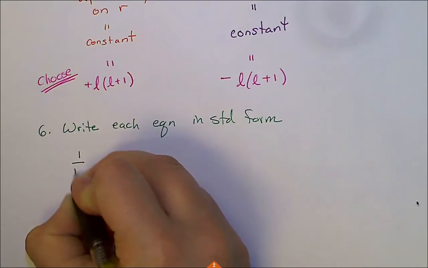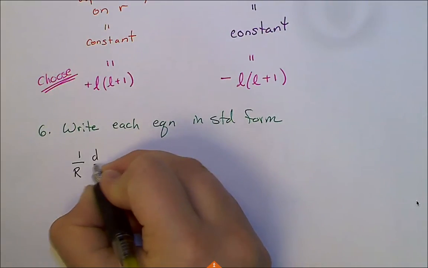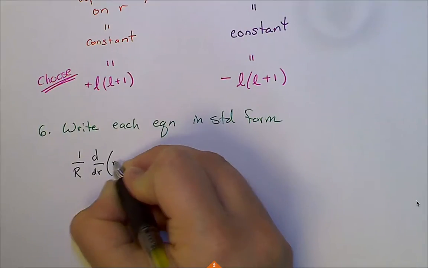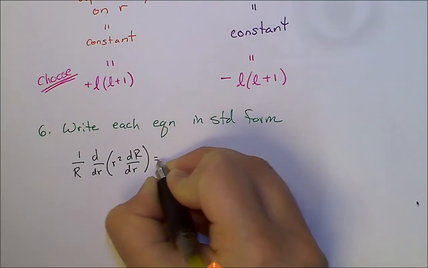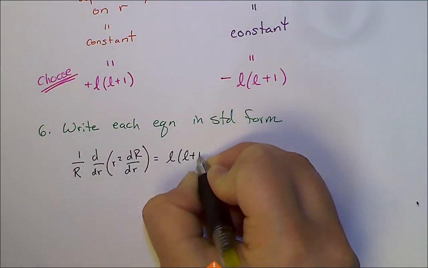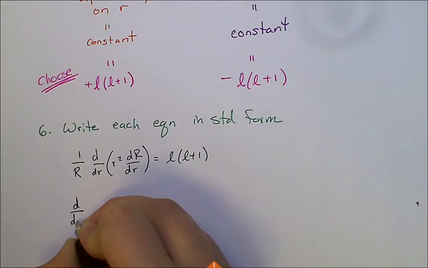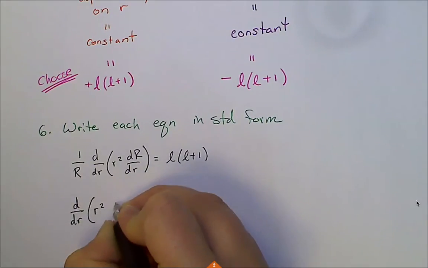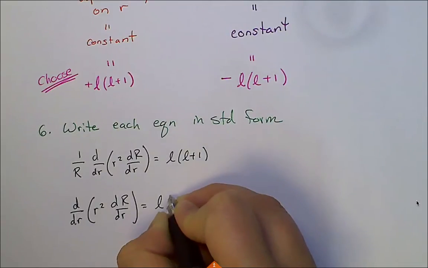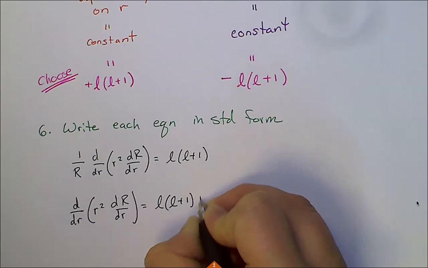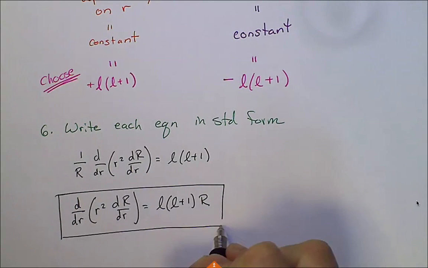So for the left equation, 1 over R times the derivative with respect to r of r squared times dR d little r is equal to L times L plus 1. So standard form would be the derivative with respect to r of r squared dR d little r is equal to L times L plus 1 times big R. This is the standard form.